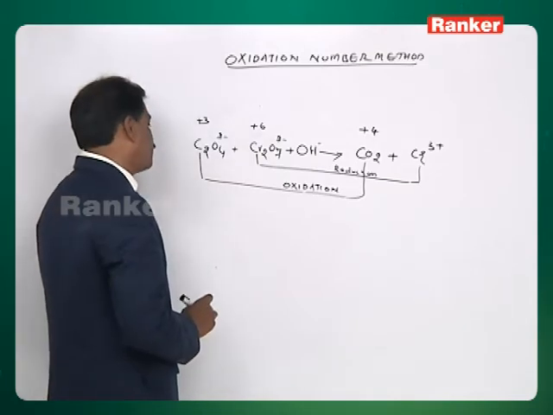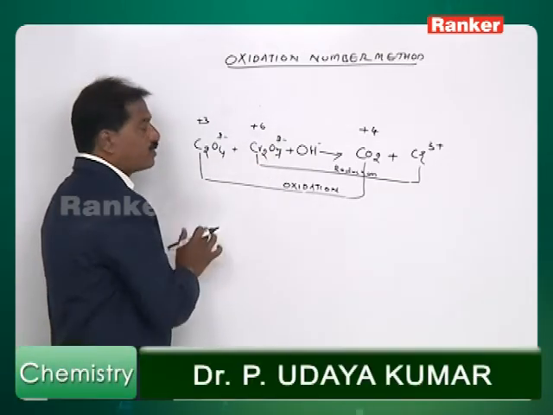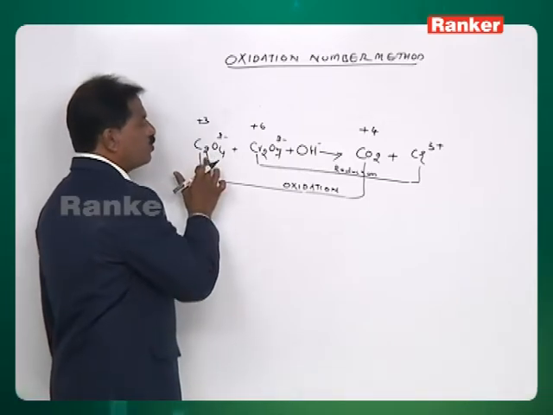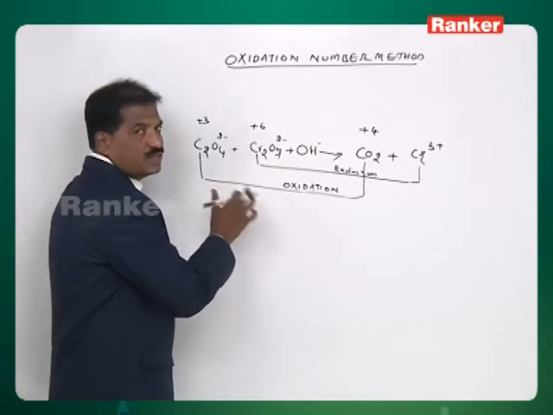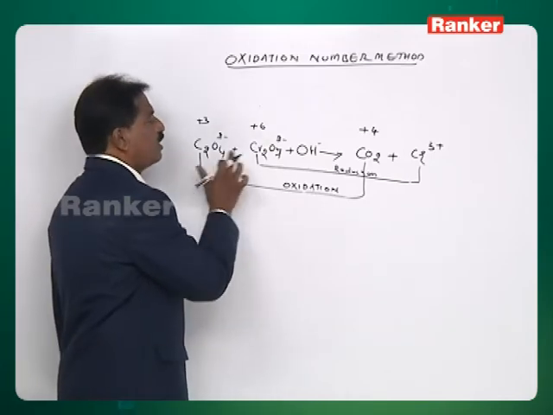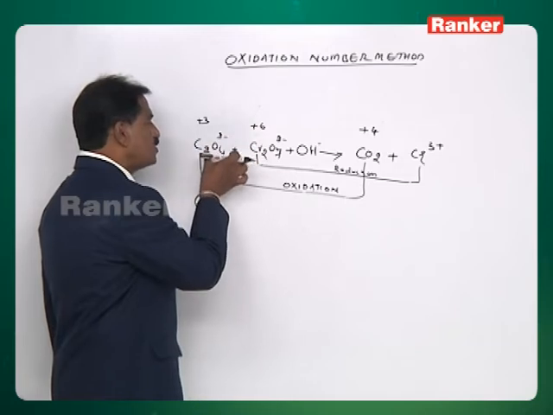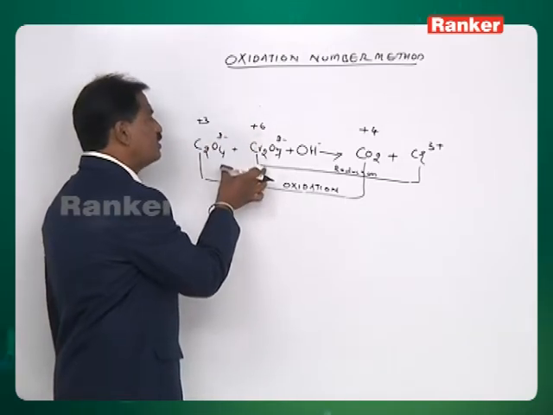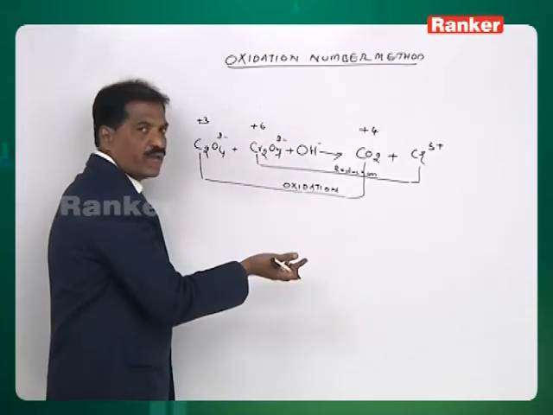So what is the first step to balance this reaction through this method? In the first step, first identify the atoms whose oxidation state has changed. For which atoms has the oxidation state changed? For carbon as well as for chromium. Since there is a change in the oxidation state of carbon and chromium, first you balance the carbon and chromium atoms before you start the actual process.